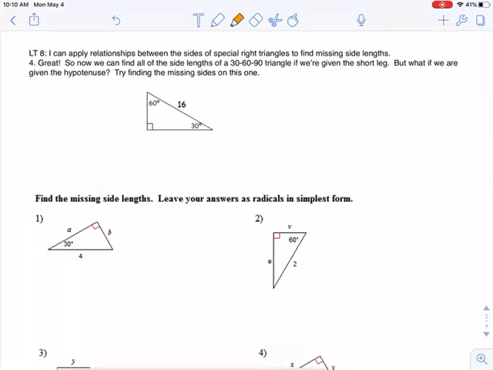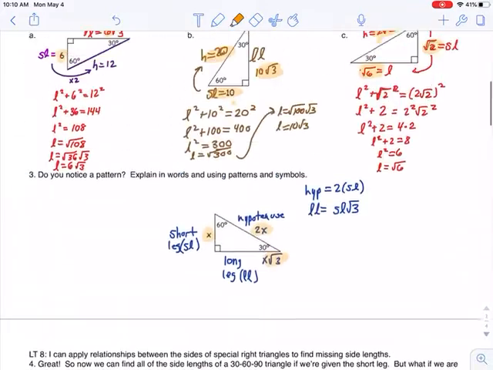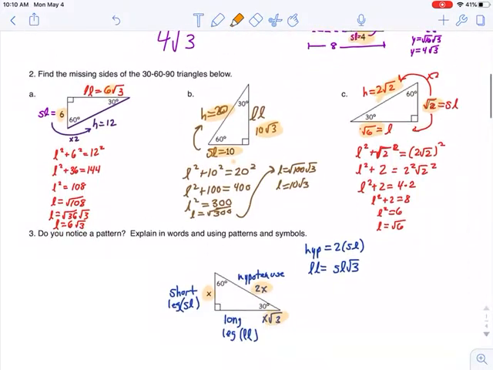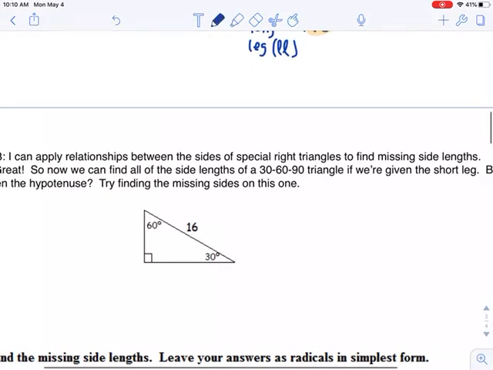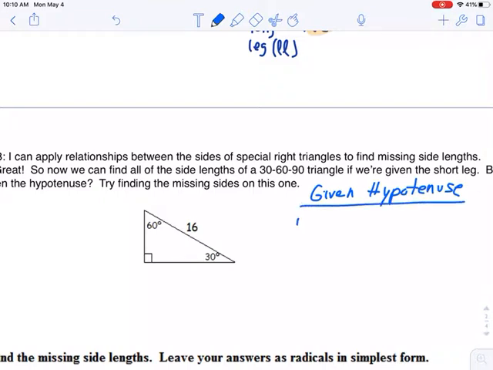Okay, students, so we're now here in the next video, and in the previous videos, we were given the short leg. Given the short leg, what do we do? Now, the punchline of this video is we're given the hypotenuse.